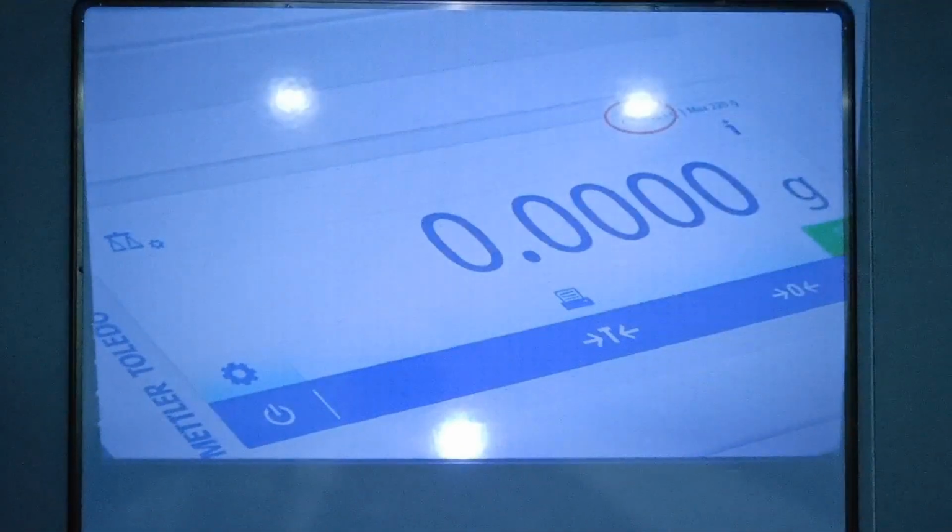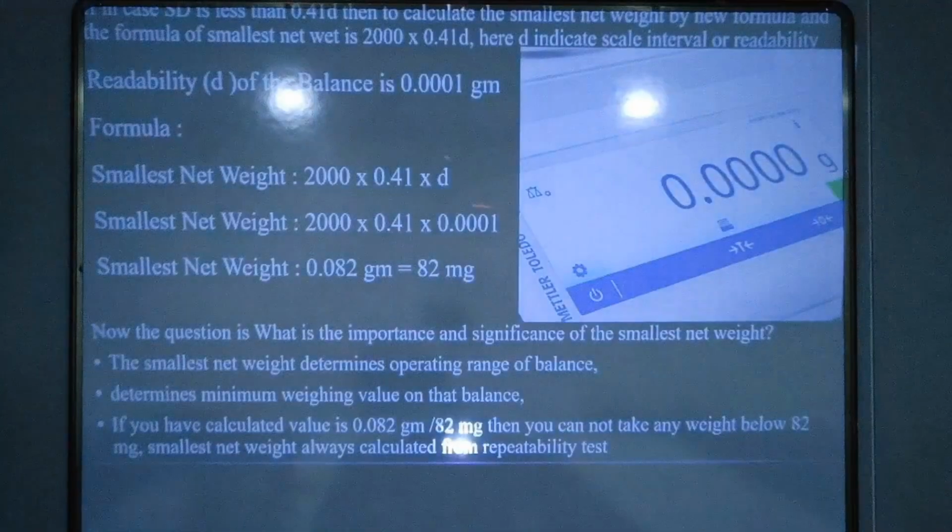Suppose the readability of this balance is 0.0001. Now we enter this value in the formula. So smallest net weight equals 2000 into 0.41 into 0.0001. The obtained smallest net weight value is 0.082 gram or 82 milligram.